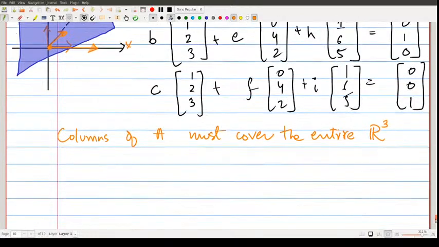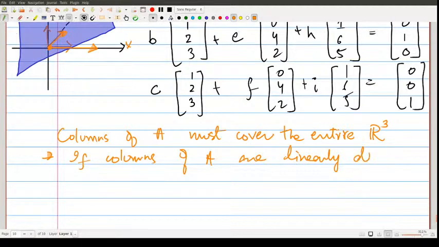This tells me that if the columns of A are linearly dependent, then A inverse does not exist. As simple as that.